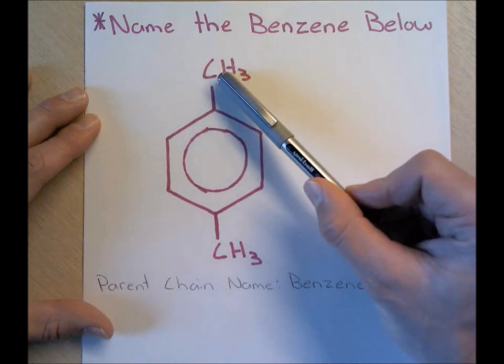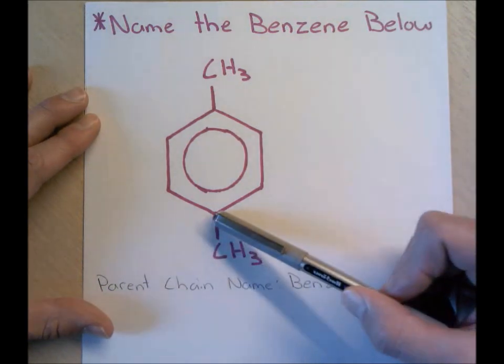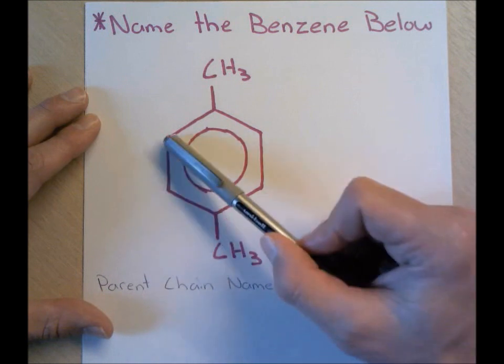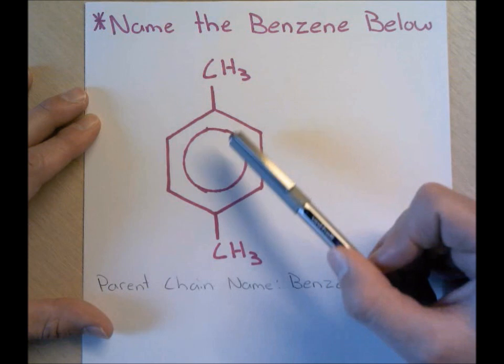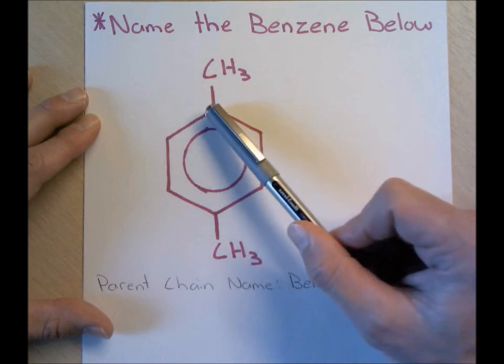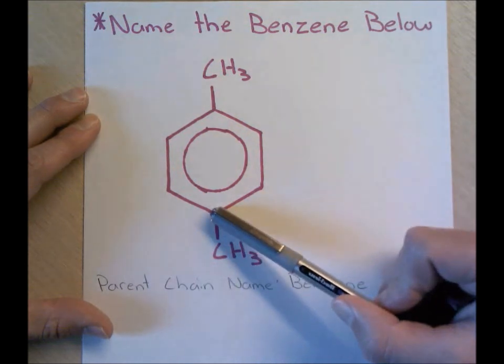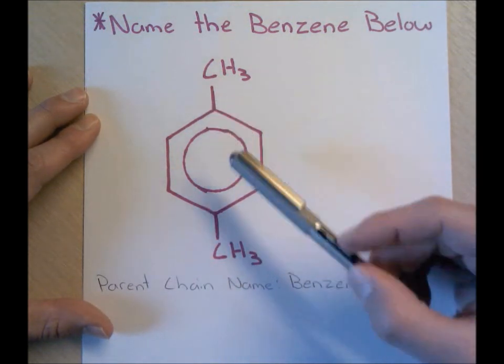If I go 1, 2, 3, 4, that other attachment occurs at carbon 4. The only other way I can go, I went clockwise, is counterclockwise: 1, 2, 3, 4. So no matter what I do, I get 1 and 4 as my 2 attachments.